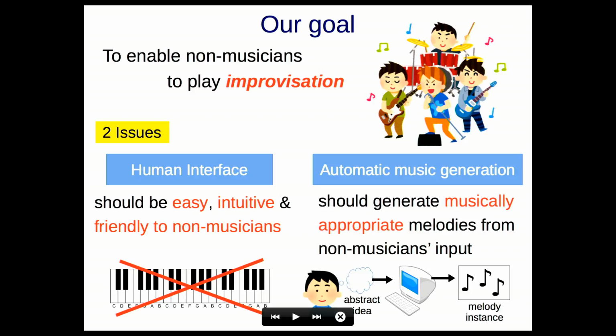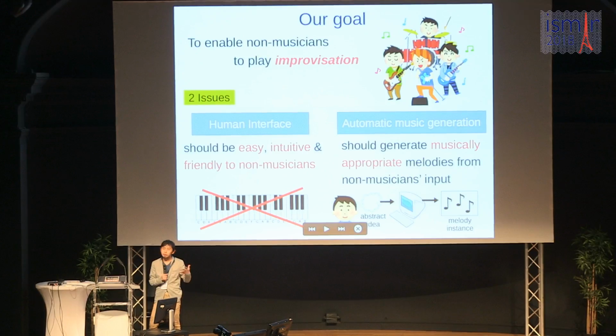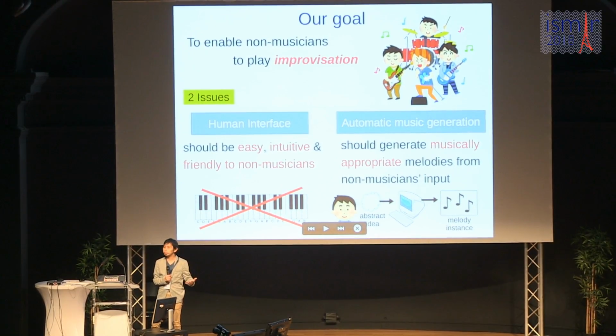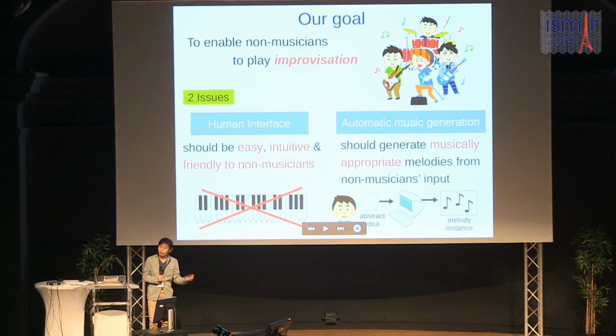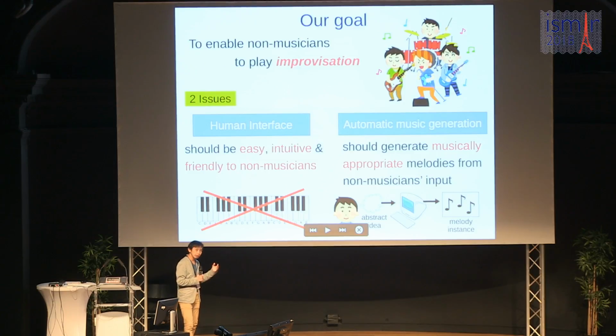Our target users are non-musicians, so input data given by such users may be musically incomplete, abstract, or incorrect. From such data, the system needs to generate musically appropriate melodies.